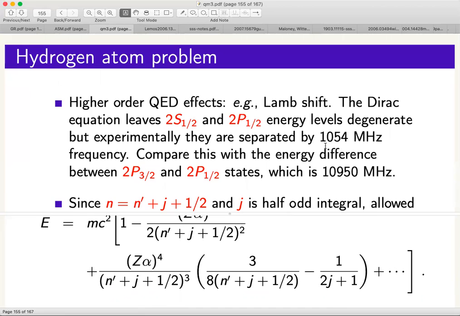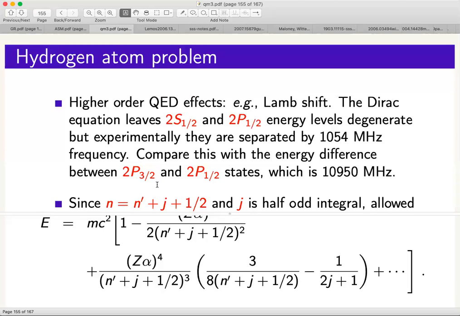You can actually check that there is a transition between these states, and the photon which is emitted has a 1054 megahertz frequency. Now remember, as I said, L is equal to 1, that means P state, would also have a P3 half state, which is this.